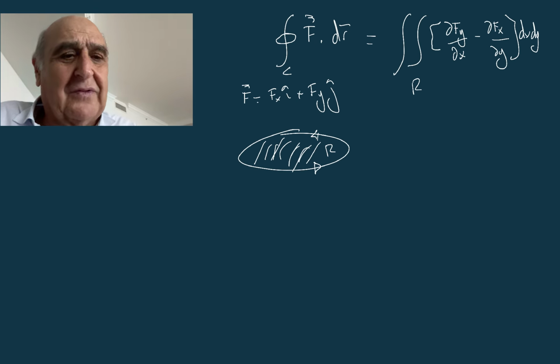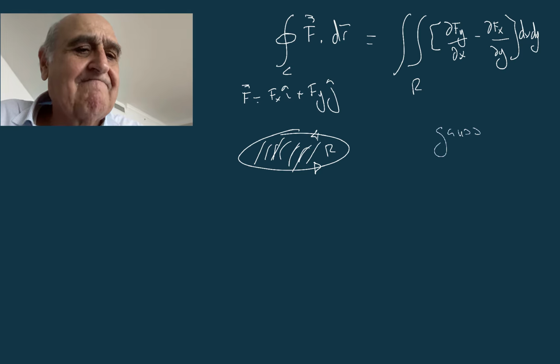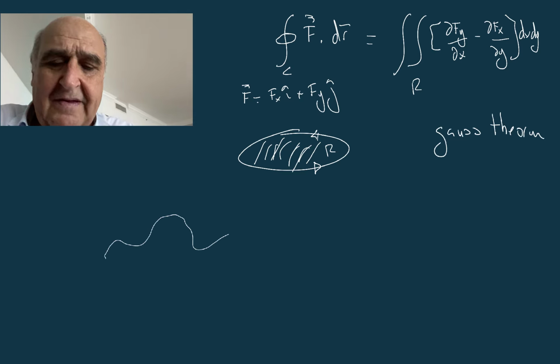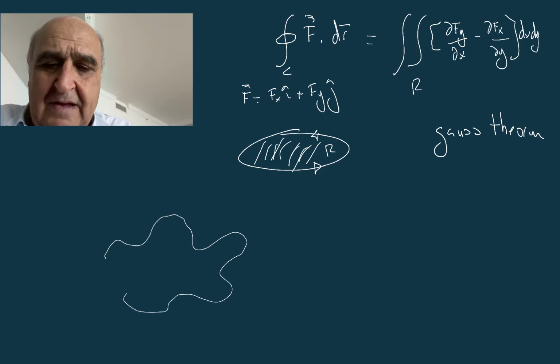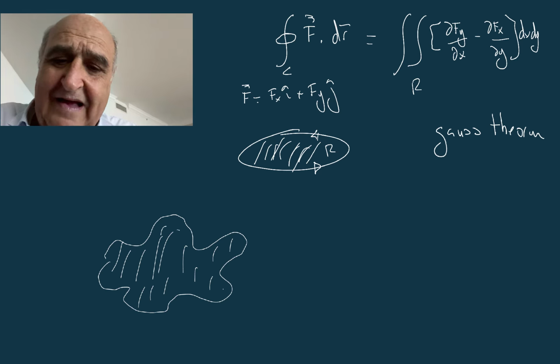But this is not all. This theorem allows you to draw any path and to say what is the area inside, the area enclosed by the path. This is something that always impressed me.